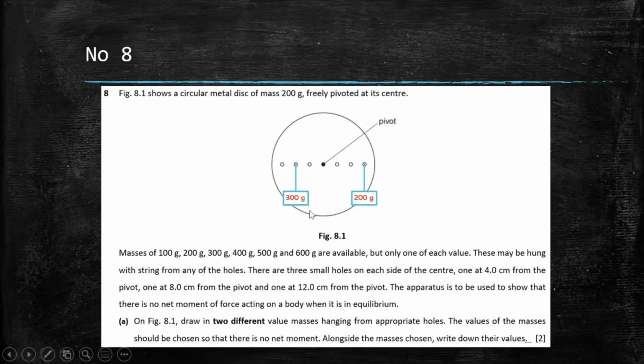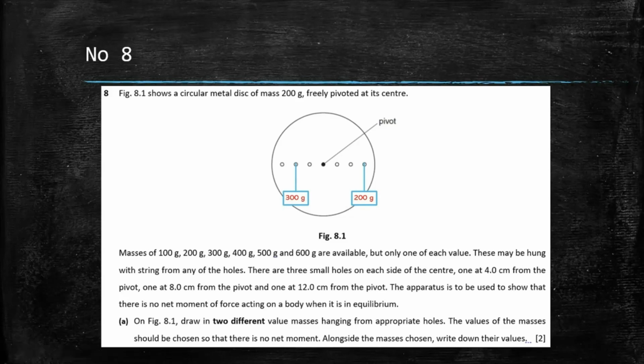You can exchange the position of the 300 gram and the 200 gram. So the 300 gram can be on the right side and the 200 gram can be on the left side. But still, you have to put the 300 gram on the second hole of the right side, and the 200 gram must be put on the third hole of the left side.